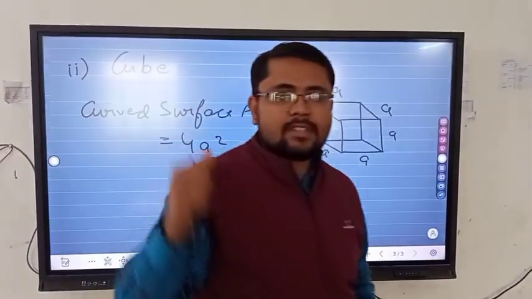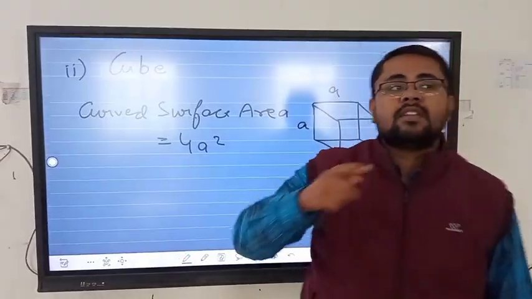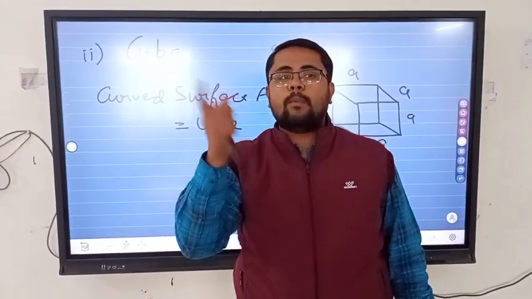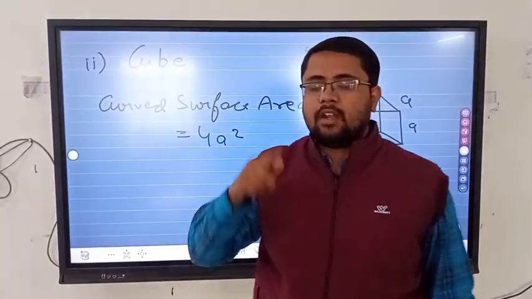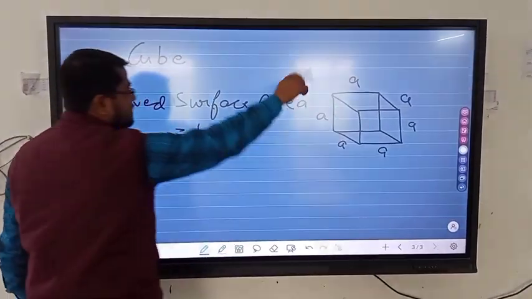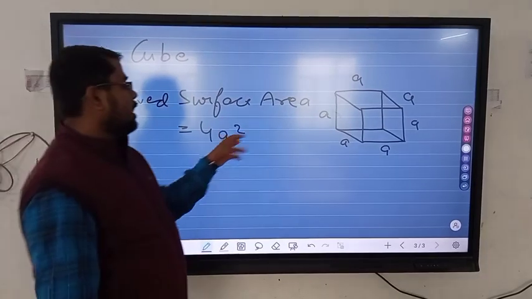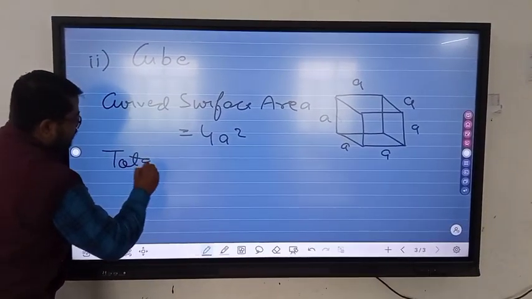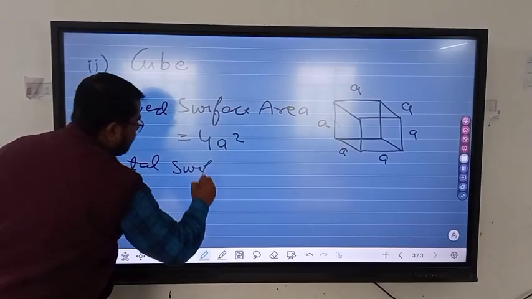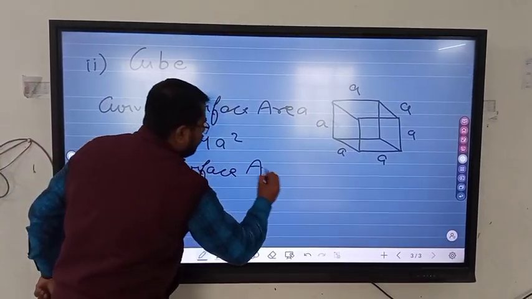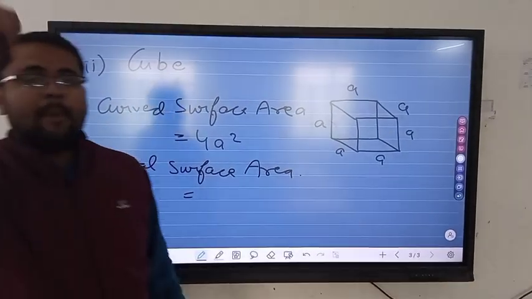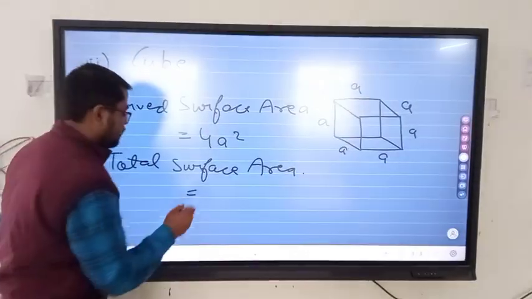I told you before, the curved surface means the circular region. Only we count the circular region of the object or shape, not upper and lower side. So there are total 6 faces, but we count only 4 faces in the curved surface area. But in total surface area, we have to count the upper and lower part of the object.